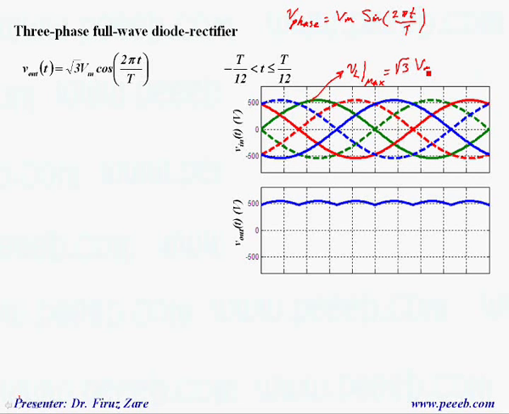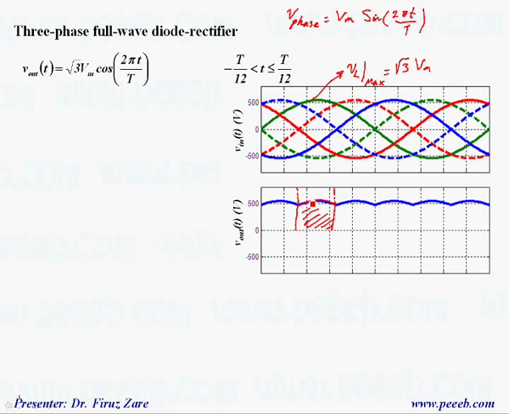In this case, because we need to find the output voltage, that means the average over these intervals, for example this interval, so we can actually move the axis. That means we can consider this voltage waveform as a new voltage waveform.